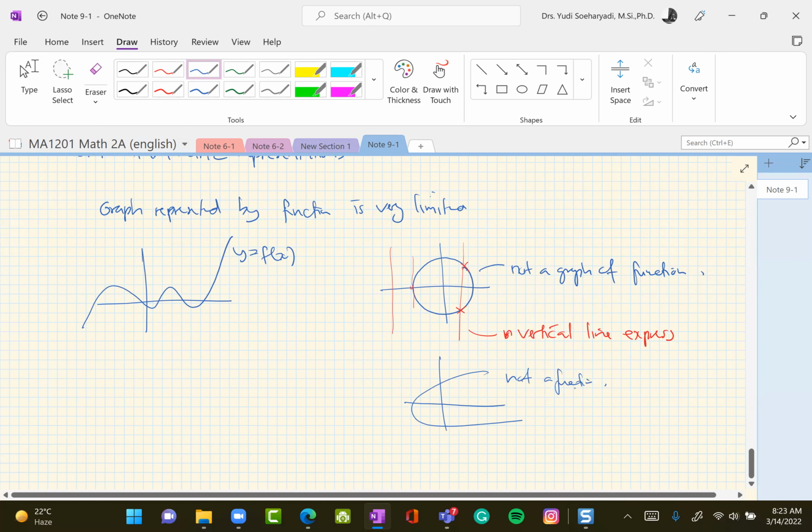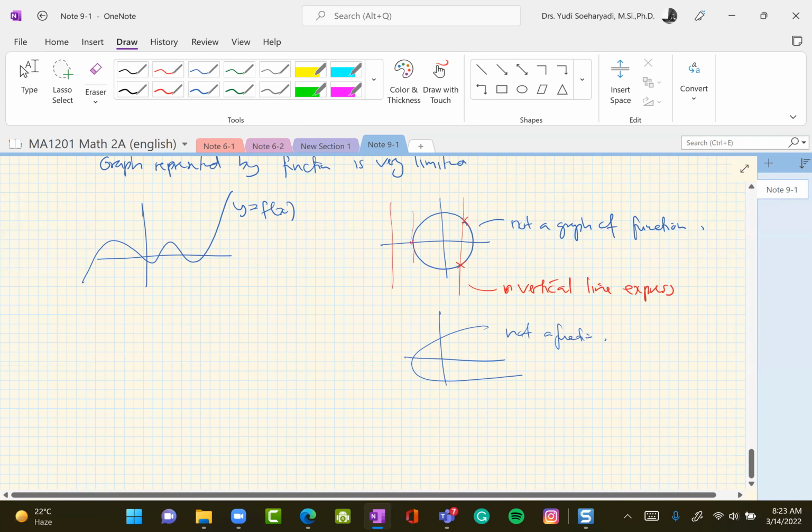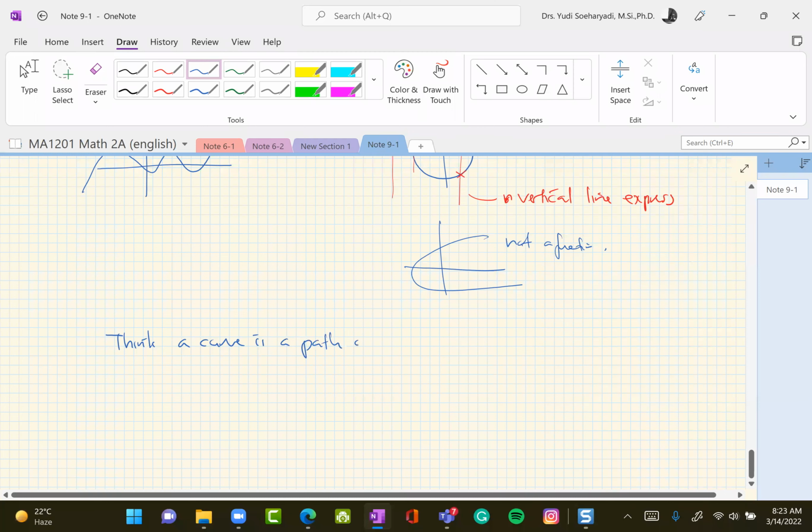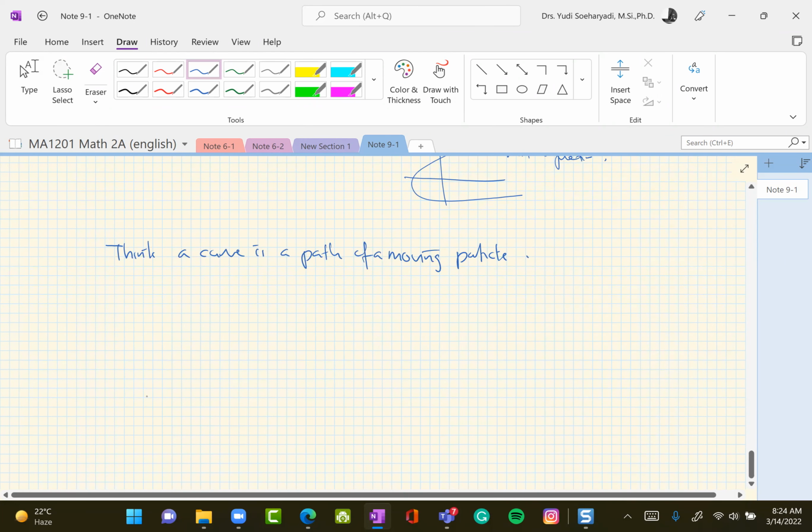Think of the curve as the path of a moving particle.